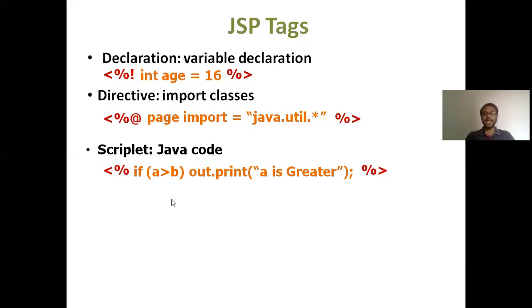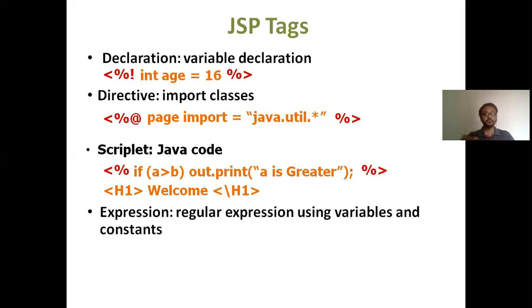So the scriptlet tag is used to embed Java code into your JSP document. Next, for an HTML document, I can directly use HTML tags, so I can embed these HTML tags in your JSP document. But the file extension should be .jsp. I'll show you some examples in the next video on how to run your JSP application.